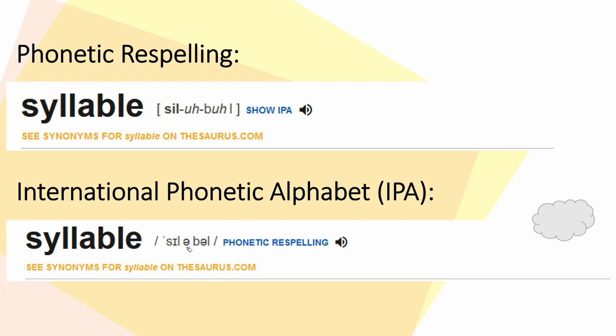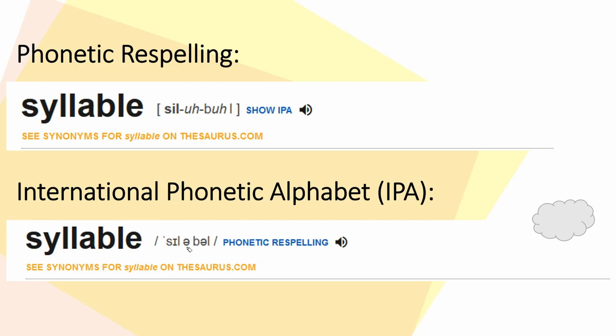I've put a link to an IPA phonetic chart that you can click and hear the sound of it all, and it's useful for you if you want to see all the different sounds and maybe have a collection of all the different sounds in English. But I'm not going to ask you to memorize all of the IPA symbols for the pronunciation guide.